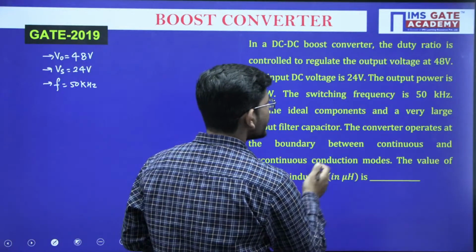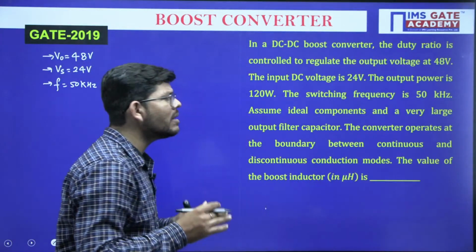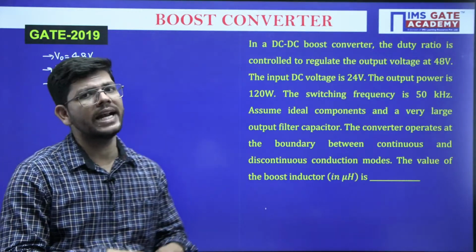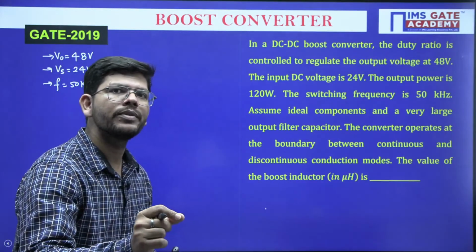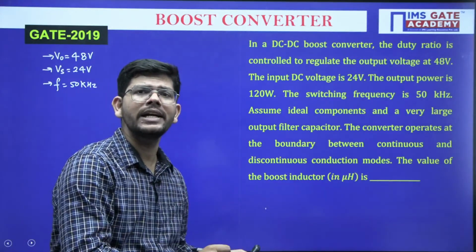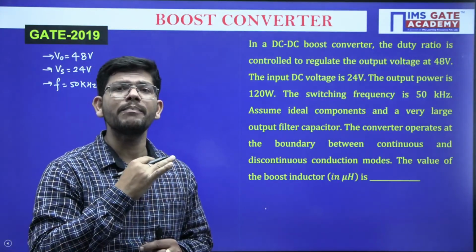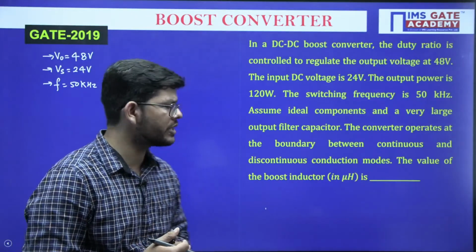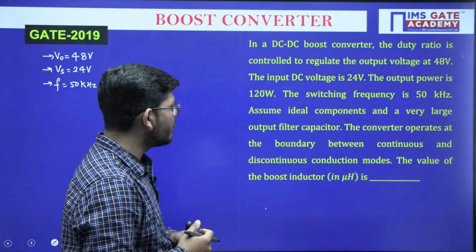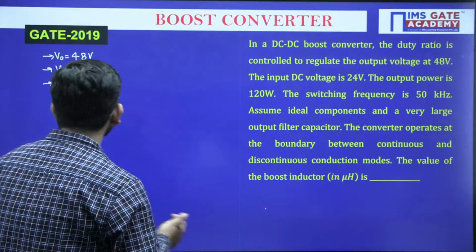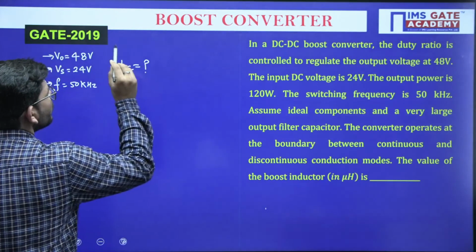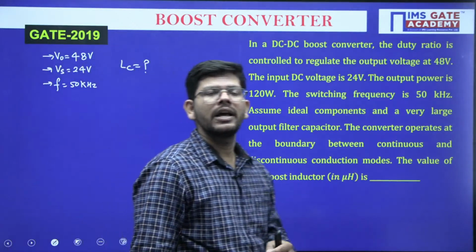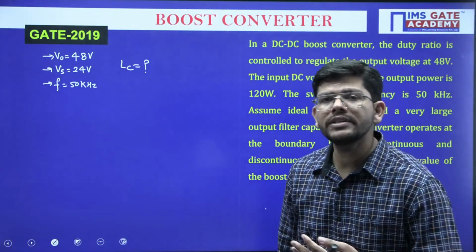The converter operates at the boundary between continuous and discontinuous conduction, meaning I minimum is 0. It is neither continuous nor discontinuous, it is at the boundary. What we have to find is the value of the boost inductor, which is the critical inductor, since the converter is operating at the boundary.